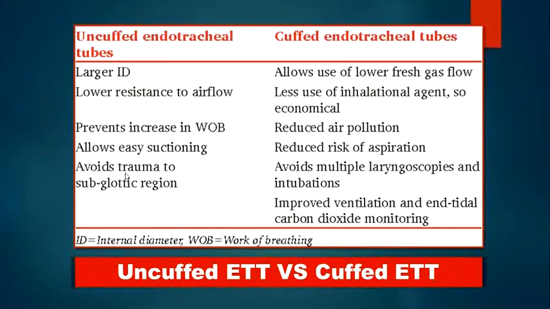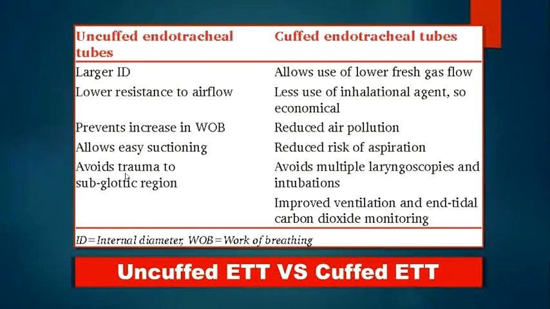While the cuffed endotracheal tube prevents leakage of inhalational agents. So if we want to intubate patients with poisoning by inhalational agents, we should use the cuffed endotracheal tube, like in a patient with kerosene poisoning or hydrocarbon poisoning, because this is a volatile inhalational agent.